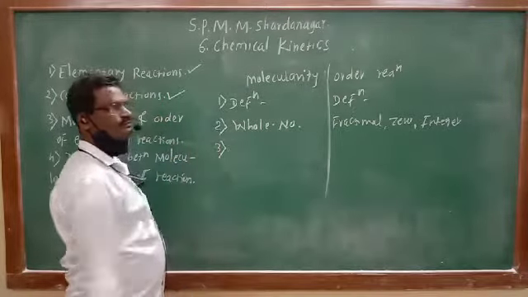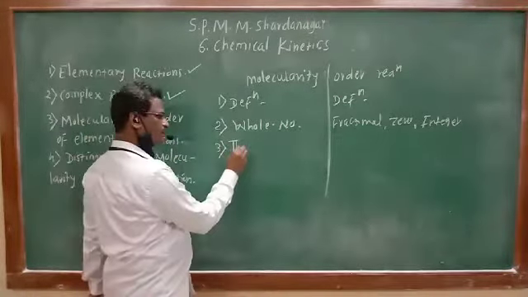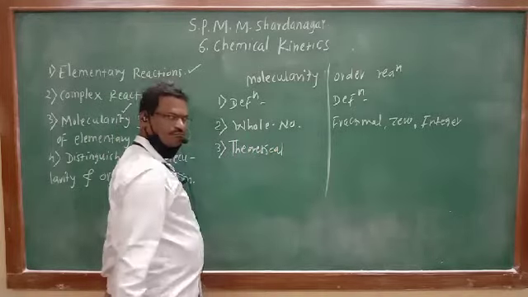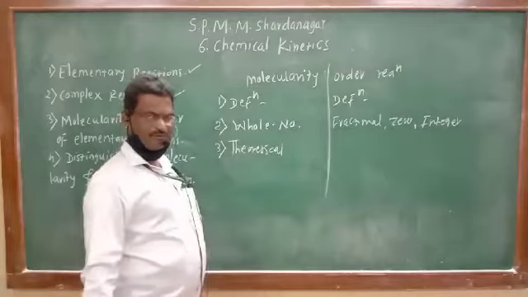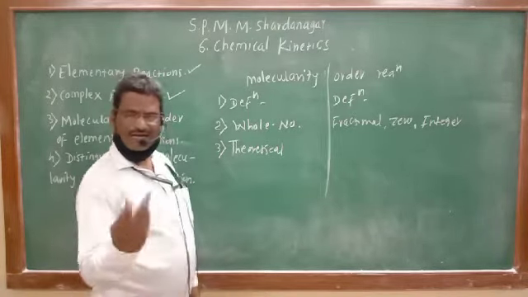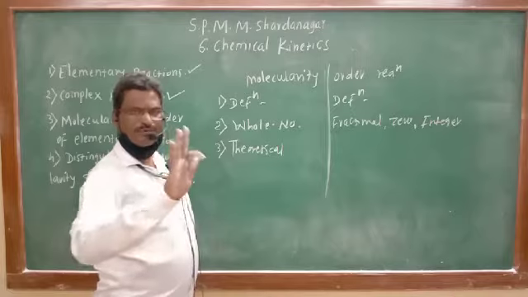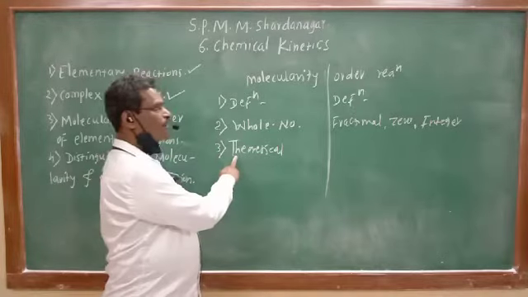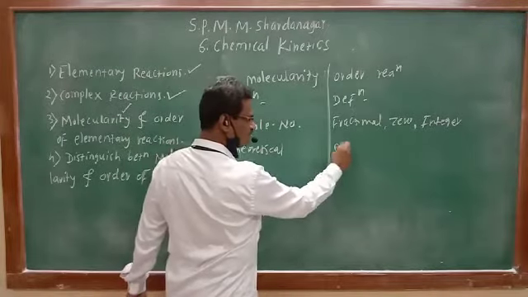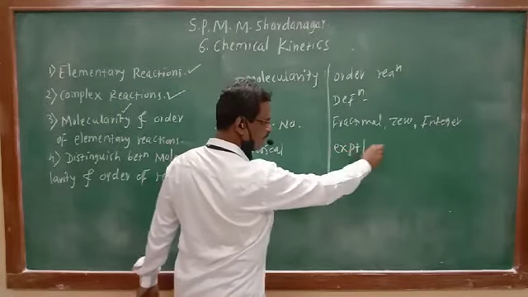Third one, molecularity is a theoretical quantity. We can easily identify what is molecularity based on the reaction. If we write the reaction, easily we can identify molecularity because it is theoretical. But order of reaction is an experimental quantity.